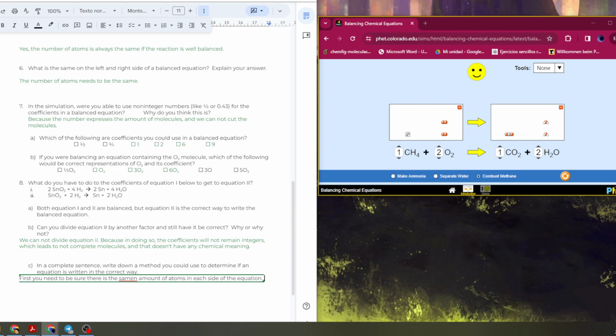Next, for that, you cannot use any non-integer coefficient. When you are finished, you need to check if the equation can be simplified.